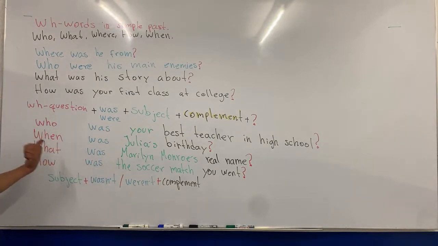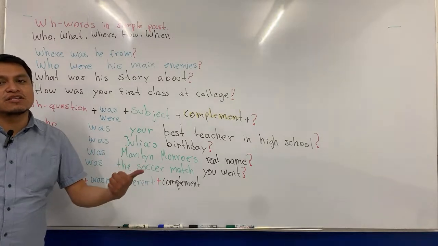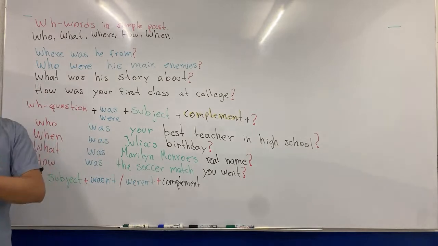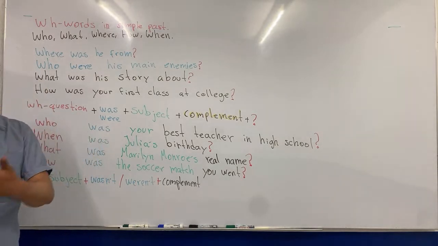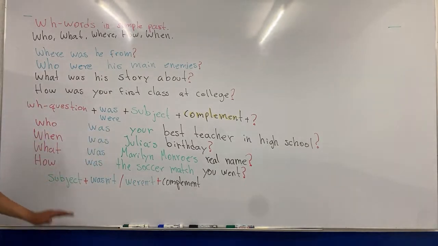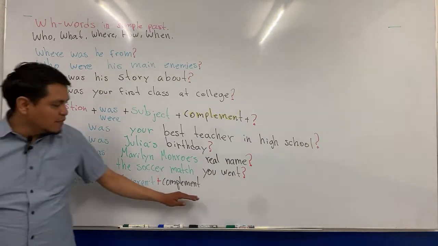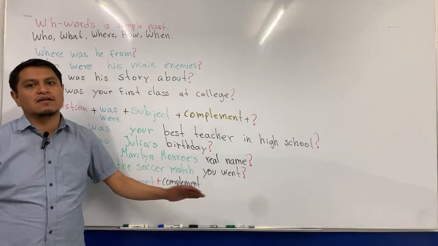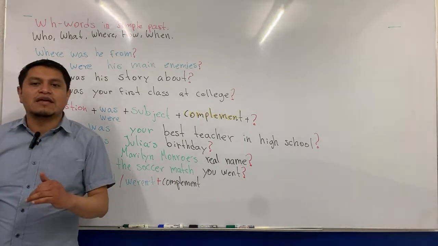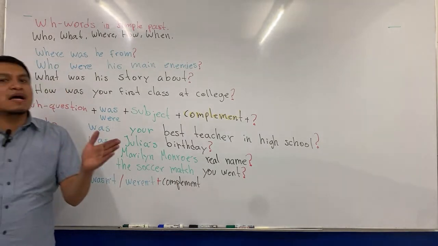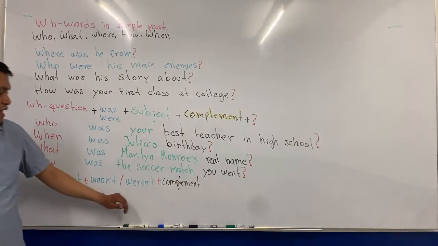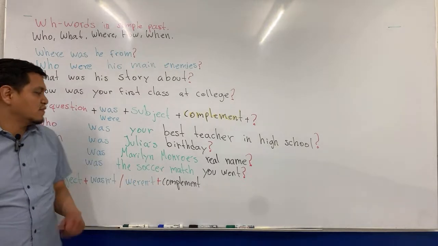For example, who was your best teacher in high school? My best teacher in high school was Mr. Ronaldo. It wasn't Mr. Gordon, right? When was Julia's birthday? Her birthday was last Friday. It wasn't last Thursday.